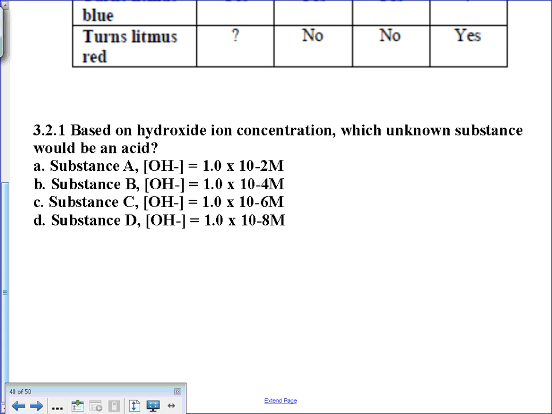This one, no calculator. Read. Keep your hands up if you're ready.